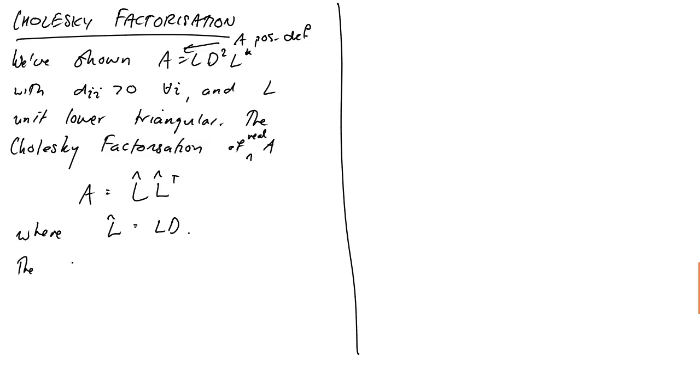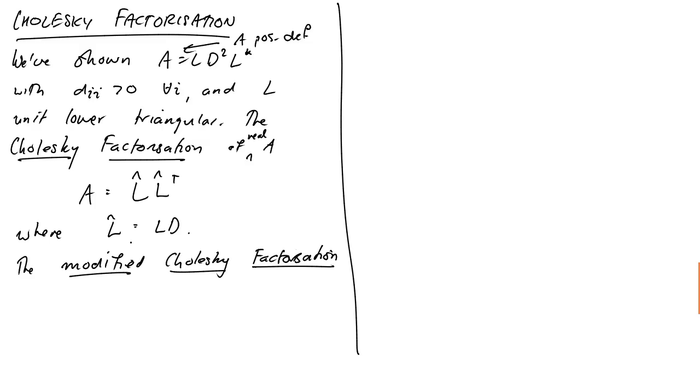Okay, we can also define a related one, the modified Cholesky decomposition or factorization. The one drawback of doing this one is you've got to take a square root. So that d_ii is equal to the square root of u_ii.